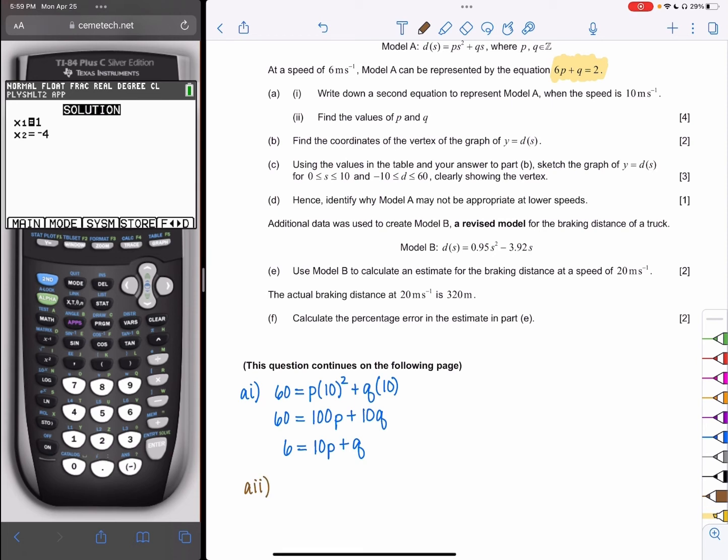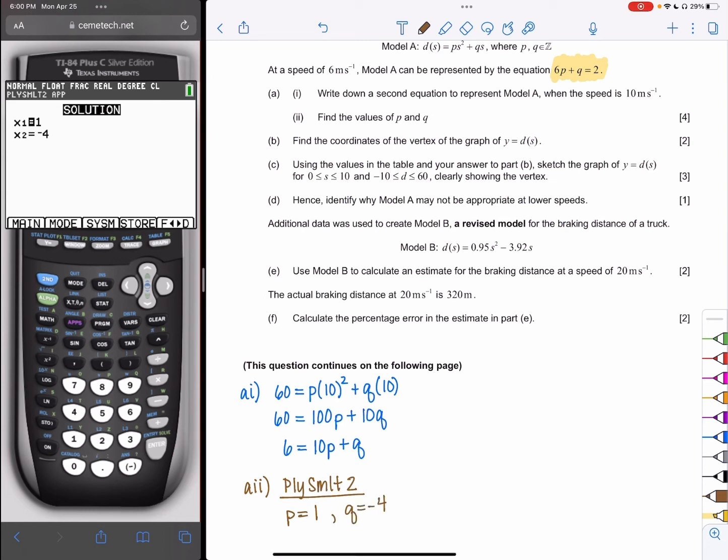So for part A, from the PolySimo 2 app, we end up seeing that P is equal to 1 and Q is equal to -4.